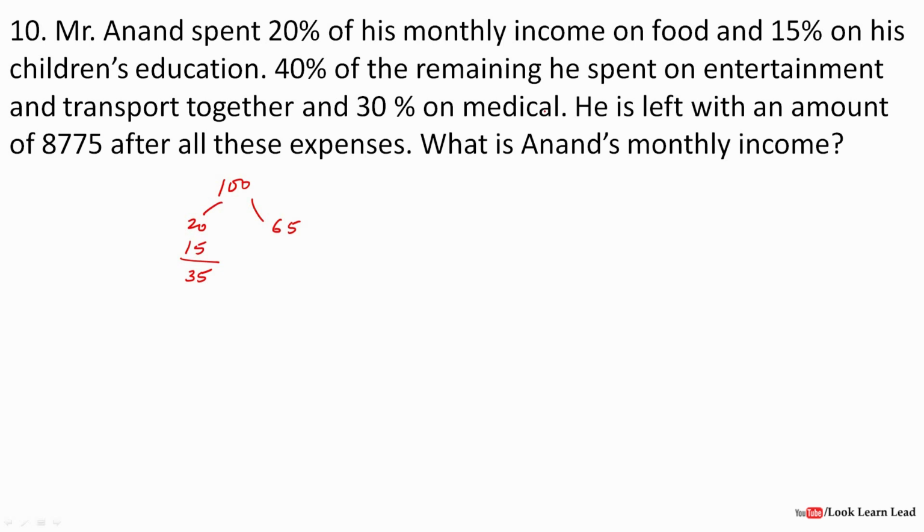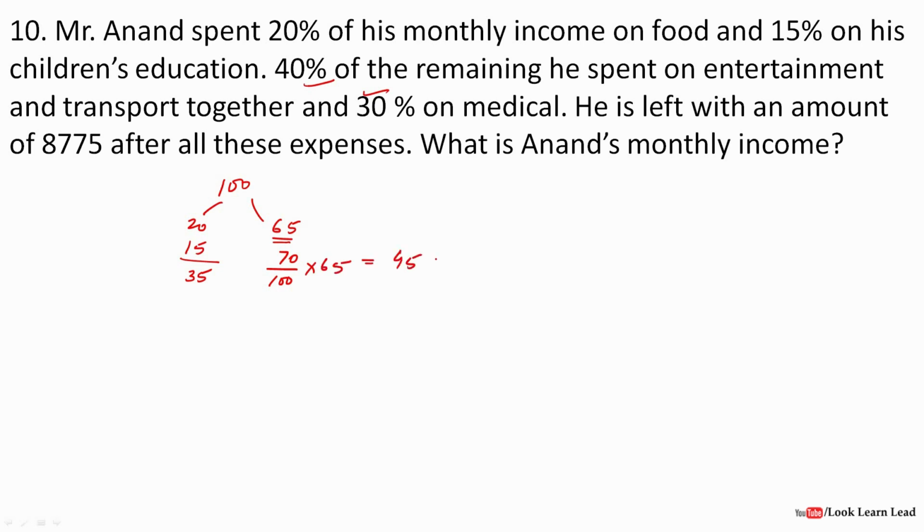Next, 40% of the remaining. So 40% of 65 he spent on entertainment and transport together and 30% on medical. So this 40% and 30% of the remaining he spent on something. Okay, so what is 40 plus 30? It is 70. That is 70% of 65 he spent. So it would be 70 upon 100 into 65.